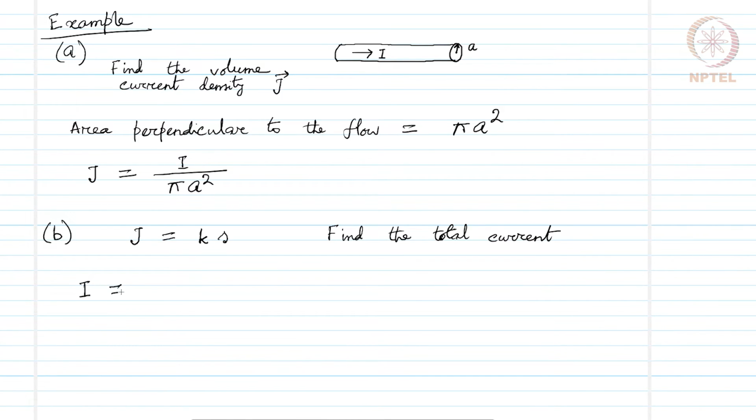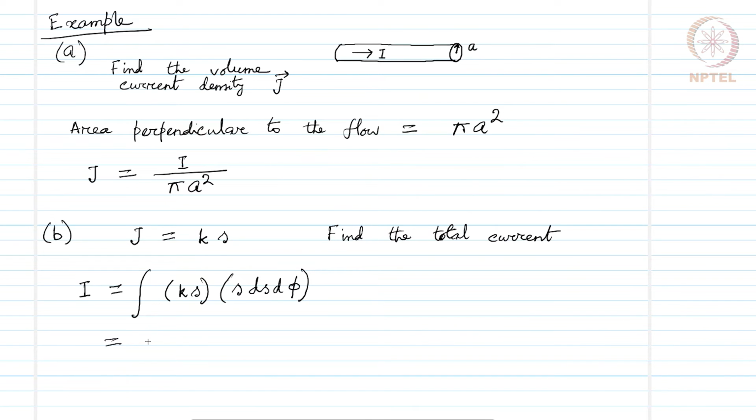Current, as we have defined earlier, would be the integration of the volume current density times dA over the cross sectional area. The cross sectional area in the cylindrical coordinate system can be given as S dS d phi.